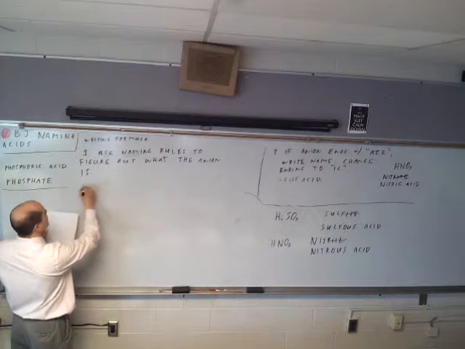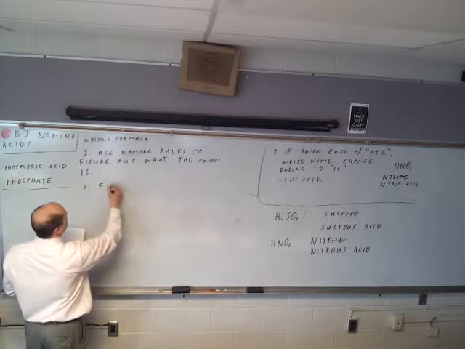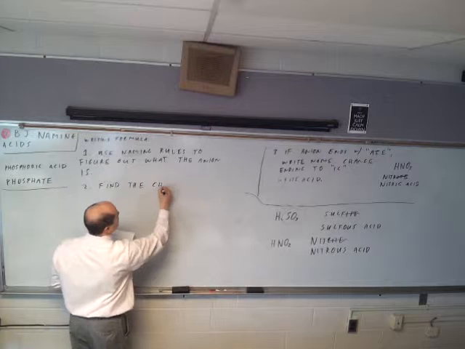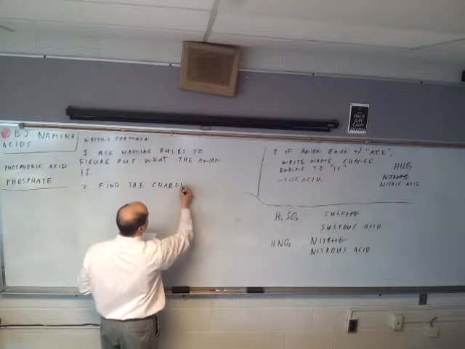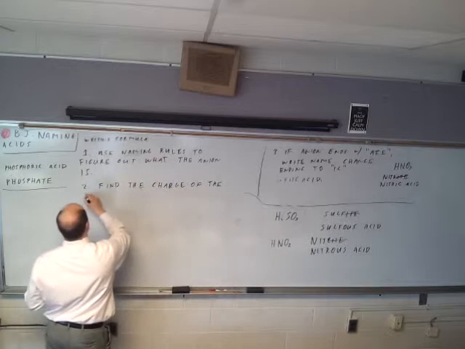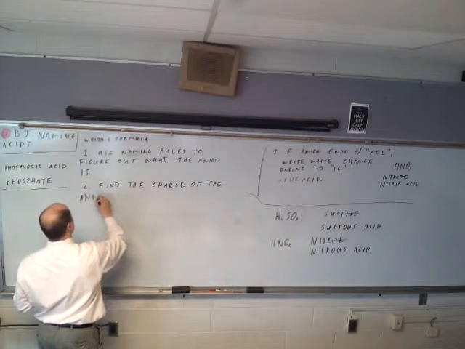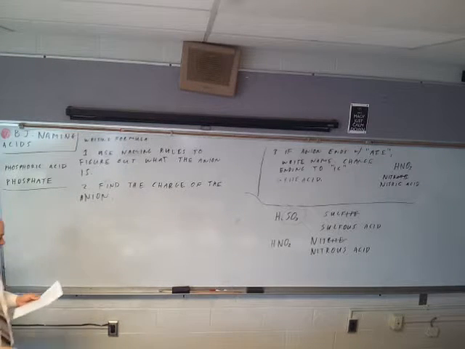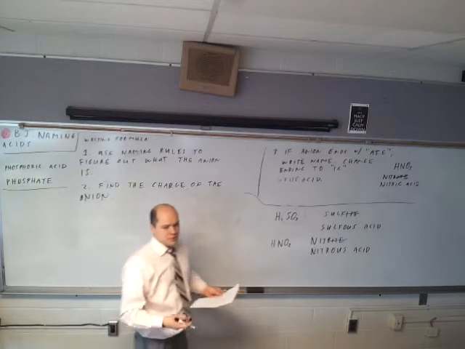Step 2, find the charge of the anion. Well, that's easy. You just look it up. If it's on the periodic table, you just look at what group it's in.